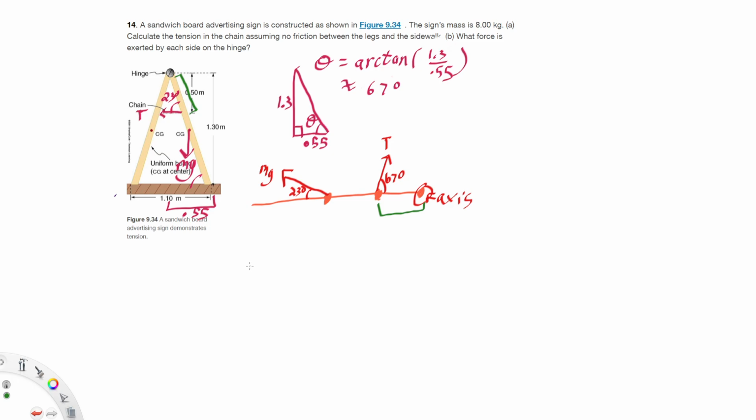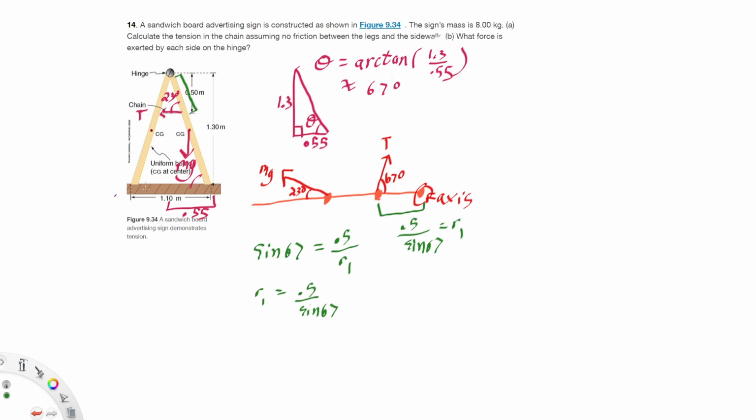So sine of 67 is going to be equal to opposite, which will be the vertical distance, over the hypotenuse, which is actually the thing we want. So R1 is equal to a half over sine 67. So that's what this is here. 0.5 over sine 67 is R1.